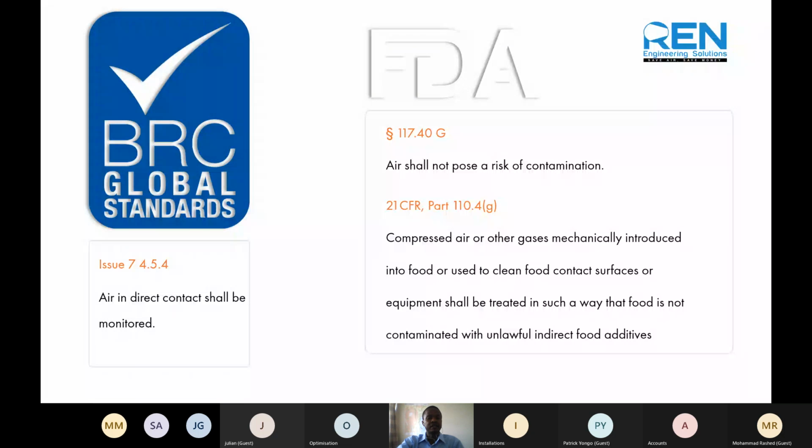Looking at the FDA on the right of your screen, in different sections of their standards, they have stated that air shall not pose a risk of contamination.